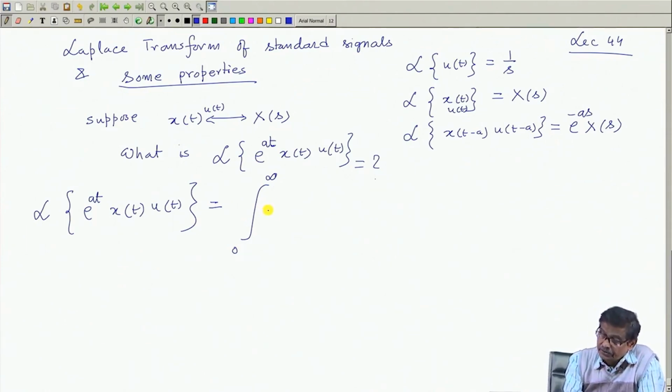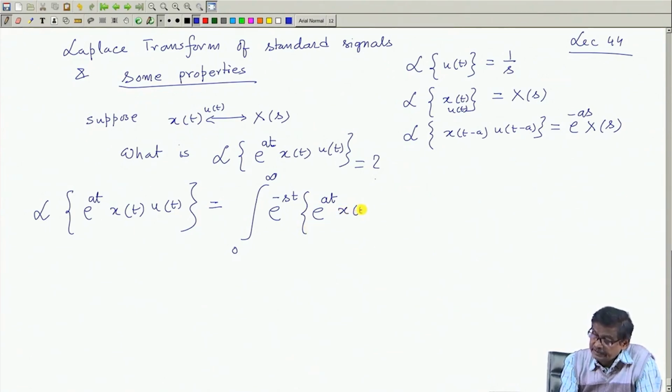So, it is equal to the integral of e to the power minus s t into this function e to the power a t x(t) dt, and u(t) I am not writing because between 0 and infinity u(t) is 1.